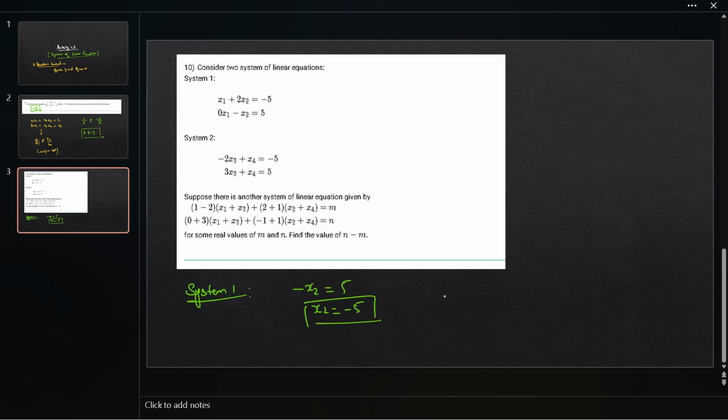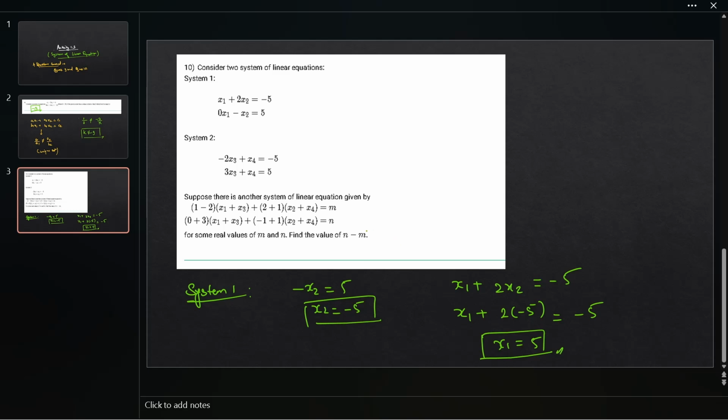Now, using the value of x2 in equation 1, that is x1 plus 2x2 equal to minus 5, if you put the value of minus 5 over here, we get x1 plus 2 times minus 5 is equal to minus 5. That means x1 minus 10 is equal to minus 5 and x1 is equal to positive 5. So the value of x1 is 5, whereas the value of x2 is equal to minus 5.